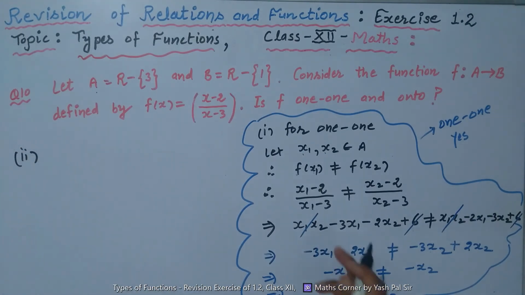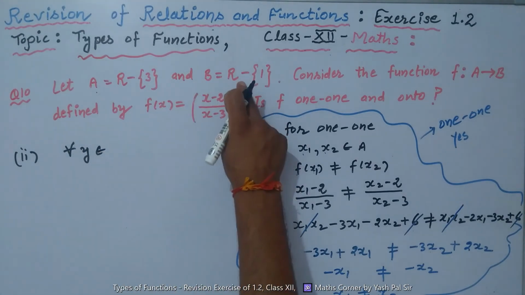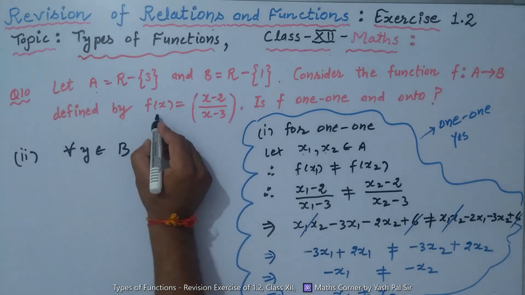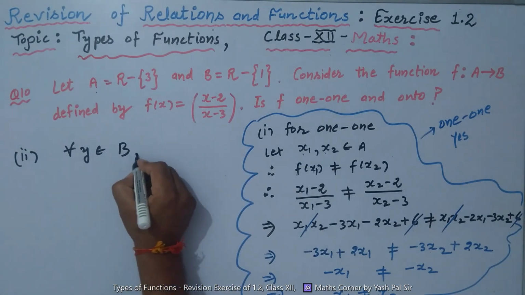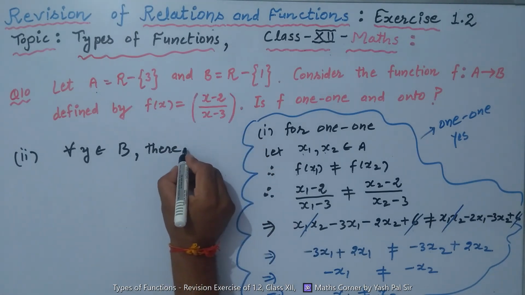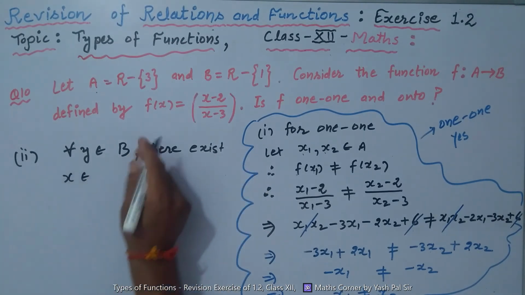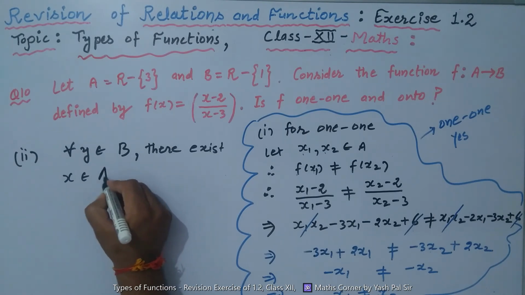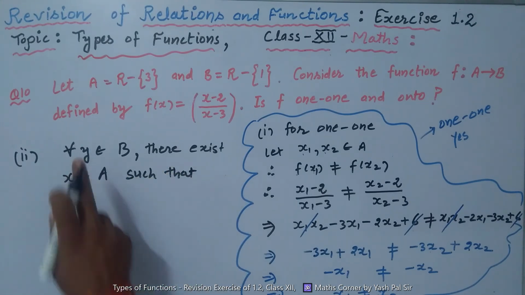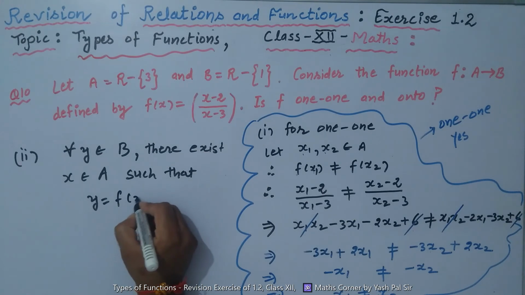Here we take every element y which belongs to the second set, set B. Now there exists x which belongs to the first set, this is A, such that, I am just writing the definition of onto function, y is equal to f of x.